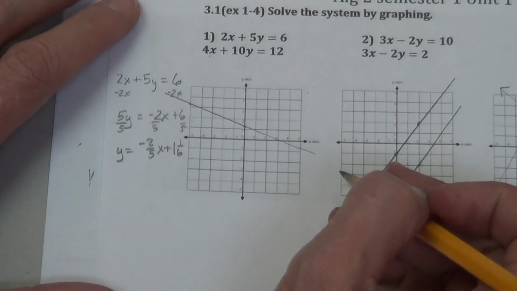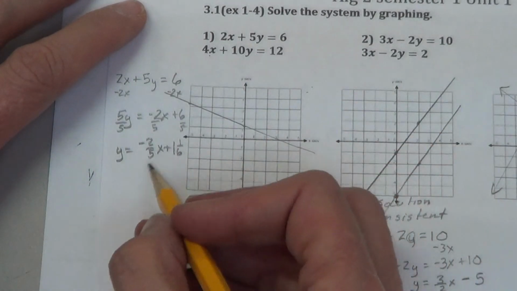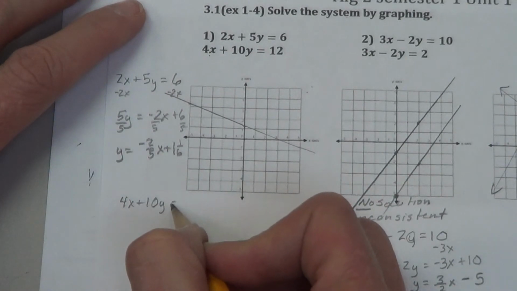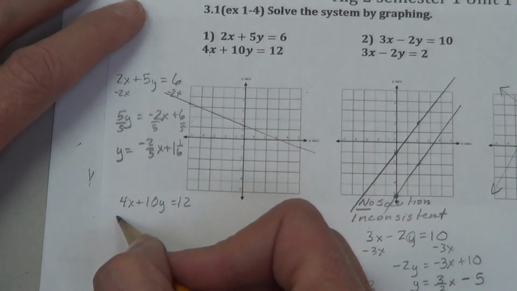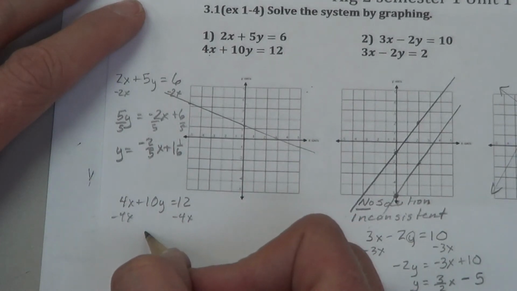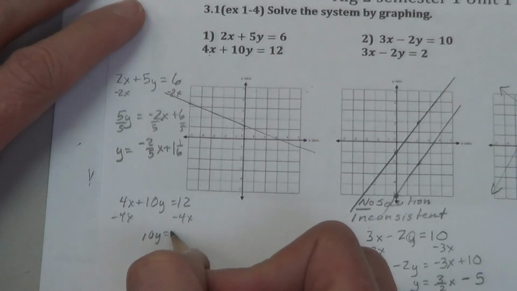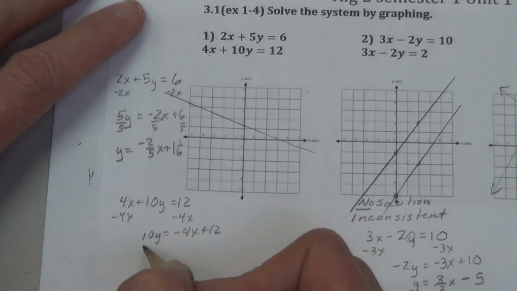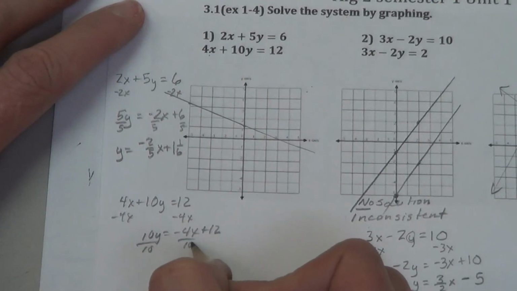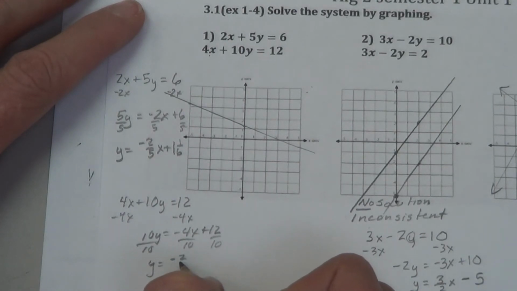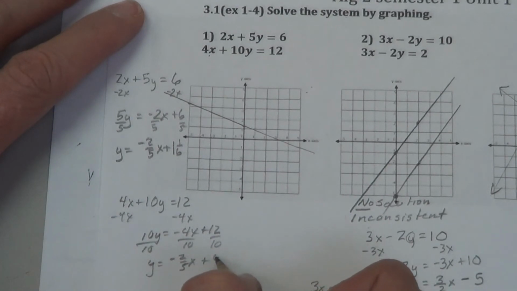And now I have to graph the other one. 4x plus 10y equals 12. I'd subtract 4x from each side. I get 10y equals negative 4x plus 12. I divide by 10 on each side. y equals negative 2/5 x plus 6/5.